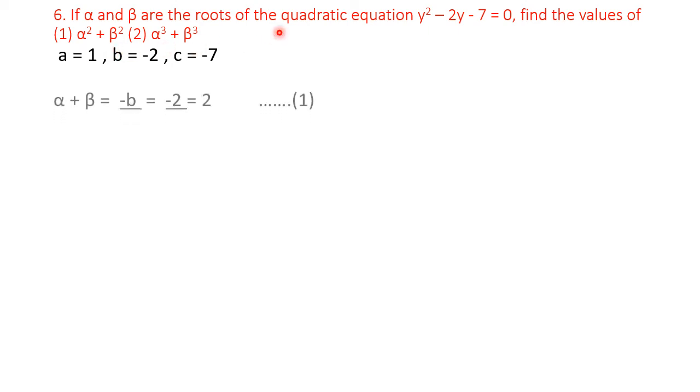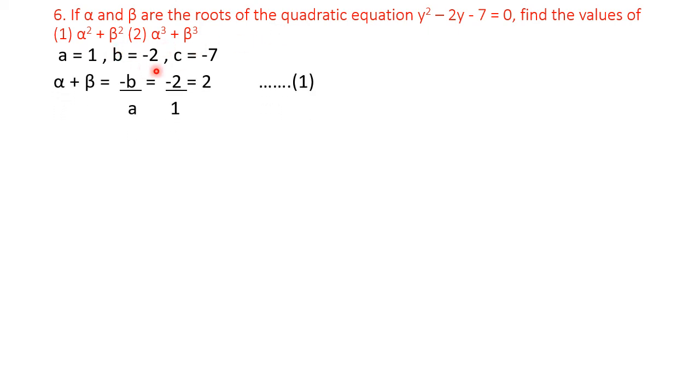So we write down what is alpha plus beta, that is minus b upon a. Minus b, so this minus is this, minus b upon a, there will be one more minus sign here, the one inside the bracket. So there are two minus signs, so minus into minus will become plus, so that will be 2.